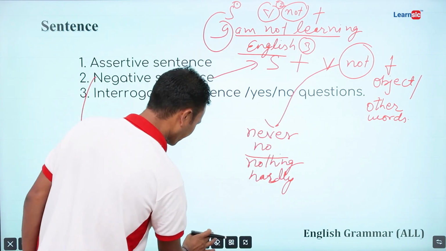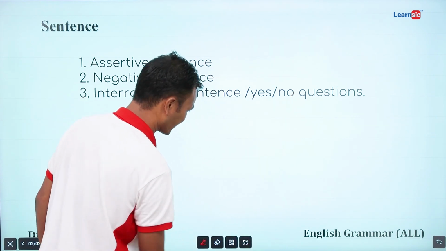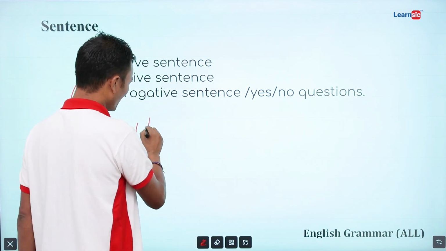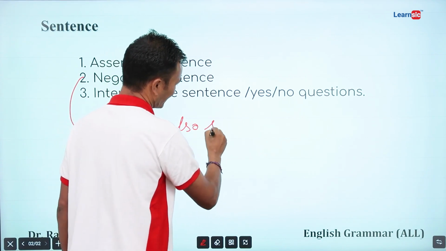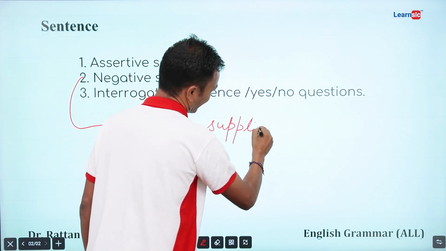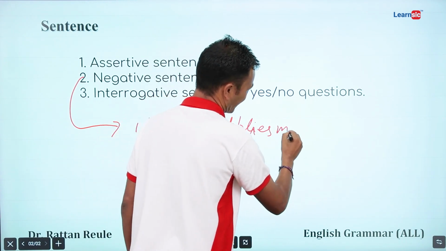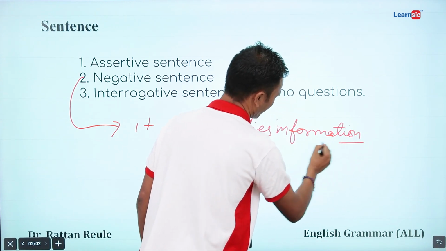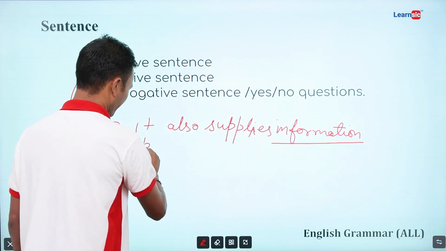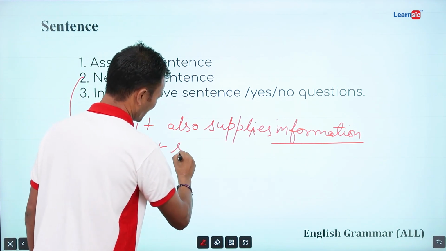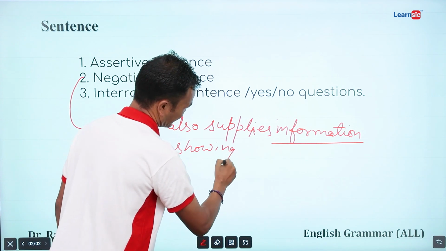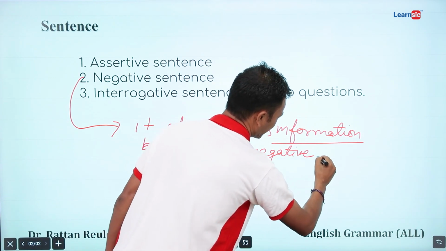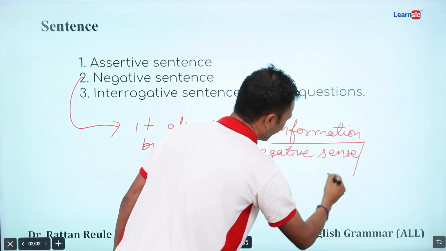So for that, I write a few more examples, right? Same thing. A negative sentence also supplies information by showing a negative sense or in a negative way.